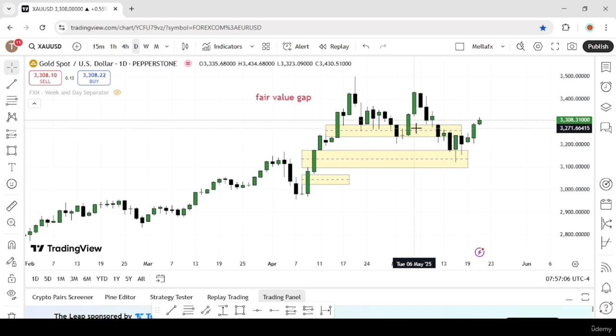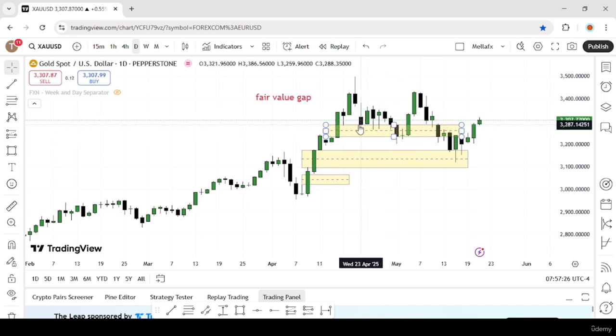How do you distinguish what price will do in a particular fair value gap? By understanding higher time frame order flow. We cannot trade these levels of imbalance blindly. For example, you see this daily chart here.